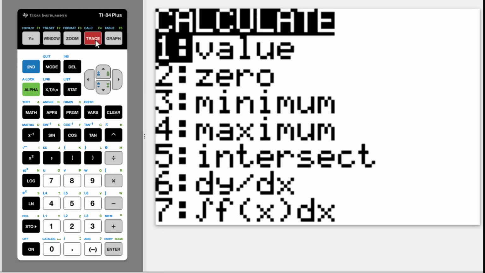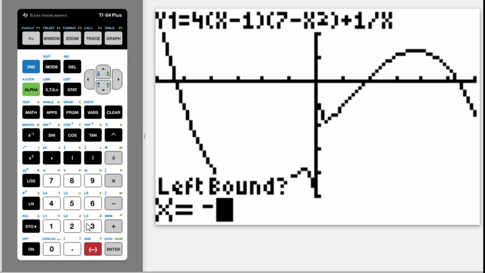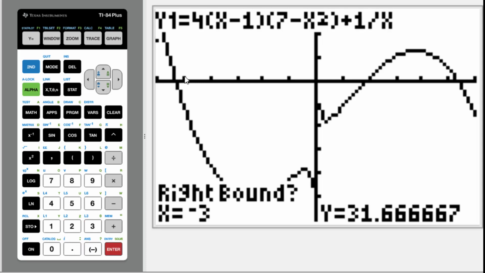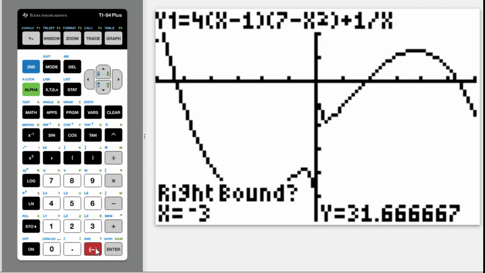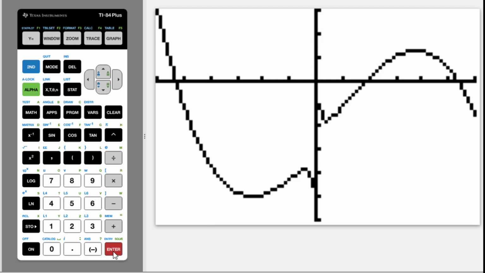Let's figure out a 0 first. Remember, the scale is 0.5, so -1, -2, -3. Left bound is -3. This will be -2. Right bound, let's do -2. Then enter.